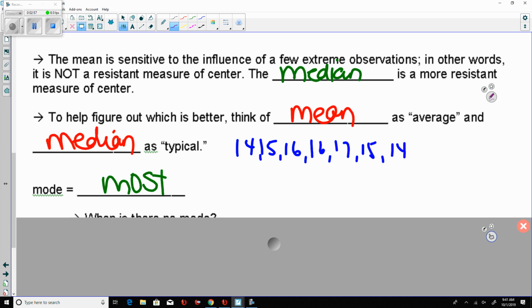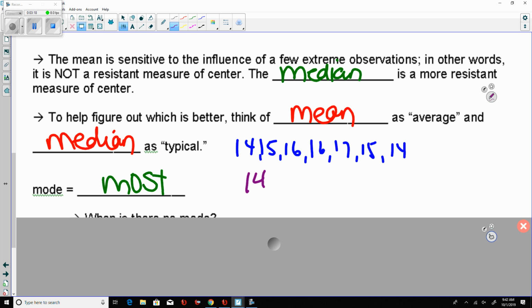All right, so I have some numbers here just to help you explain what's going on. Okay, so what I have: 14, 15, 16, 16, 17, 15, 14. The first thing you'd like to do is put them in order. And we'll see the calculator buttons on how to put those in order. There's only a few of them.